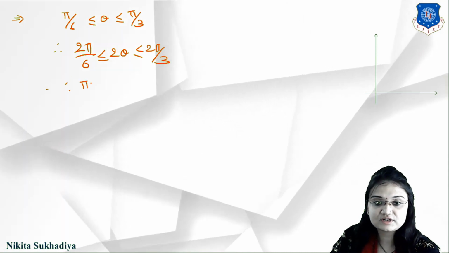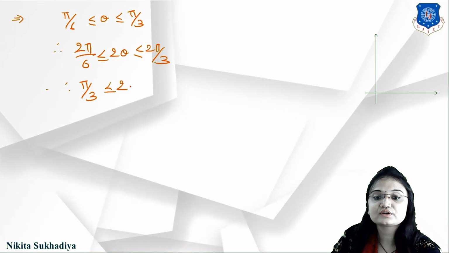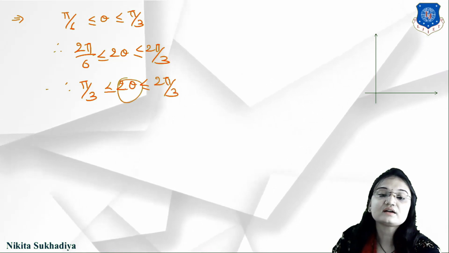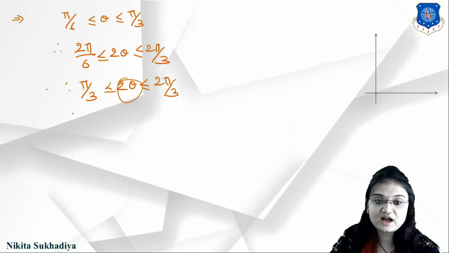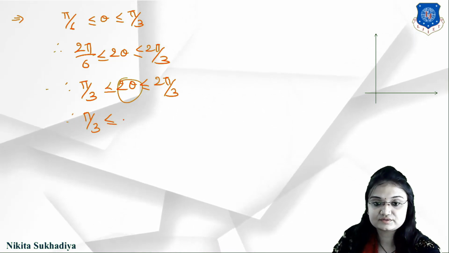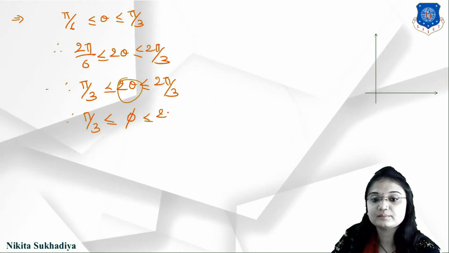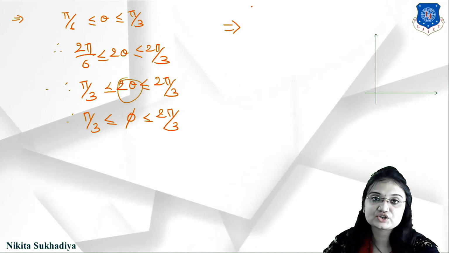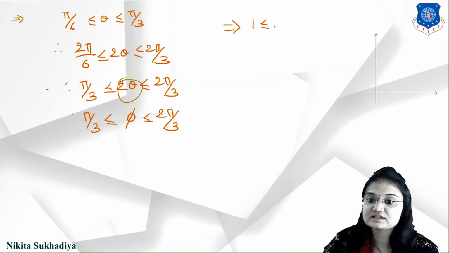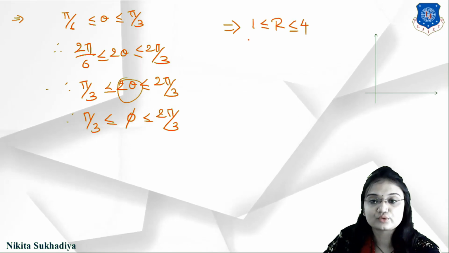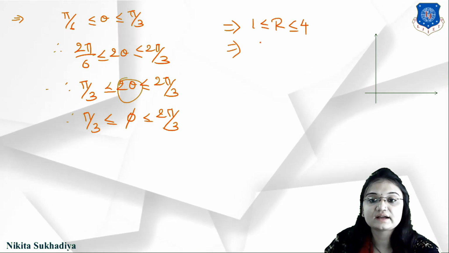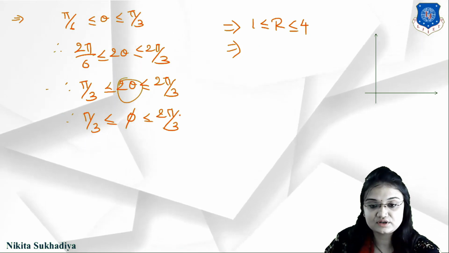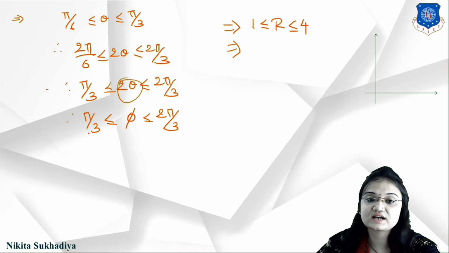To make this theta into 2 theta, we have to multiply by 2. So this becomes 2 pi by 6 less than or equal to 2 theta less than or equal to 2 pi by 3, that is pi by 3 less than or equal to phi less than or equal to 2 pi by 3, where 2 theta is phi, the angle in the W plane. So our radius representation of the W plane is 1 less than or equal to R less than or equal to 4, and the angle representation is pi by 3 less than or equal to phi less than or equal to 2 pi by 3.